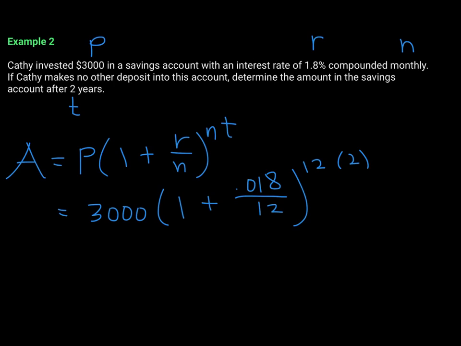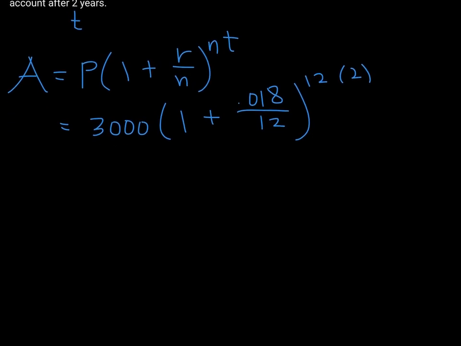I'm going to do some simplifying here before I use my calculator. So then this is 3,000 times 1 plus 0.018 divided by 12 to the power of 24.